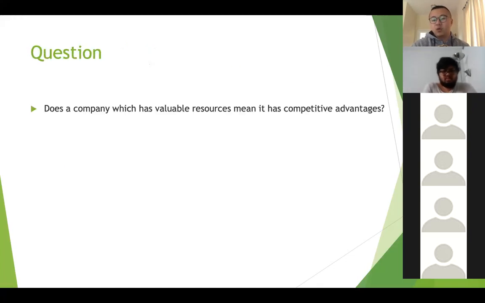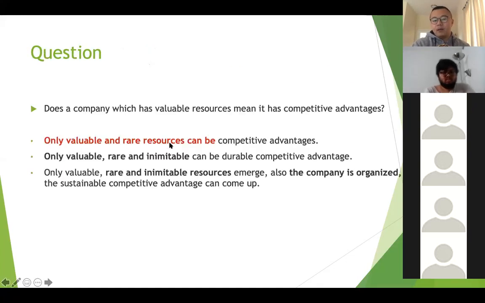So you can remember it this way: only valuable and rare resources can be a competitive advantage, but it's just temporary. Only valuable, rare, and inimitable can be a durable competitive advantage. And only when valuable, rare, and inimitable resources emerge and the company is also organized can the sustainable competitive advantage come up. So that's why.